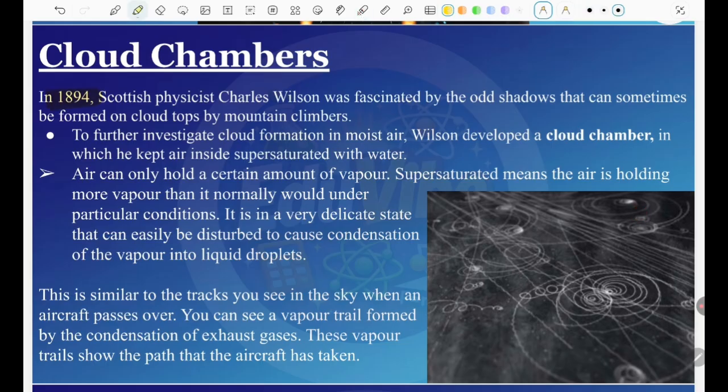In 1894, the Scottish physicist Charles Wilson was fascinated by the odd shadows that can sometimes be formed on cloud tops, as seen by mountain climbers.